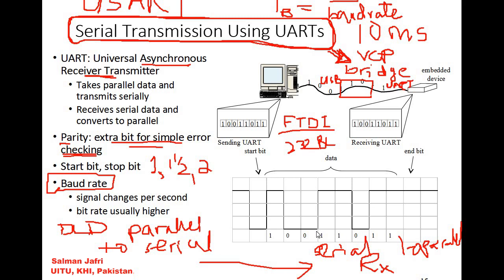On the other hand, we'll have serial interface, which is connected to the receiver line on RX, and over here we have serial to parallel conversion. Each of the bits is received serially by the receiver, and in the end they are converted into 8 bits.